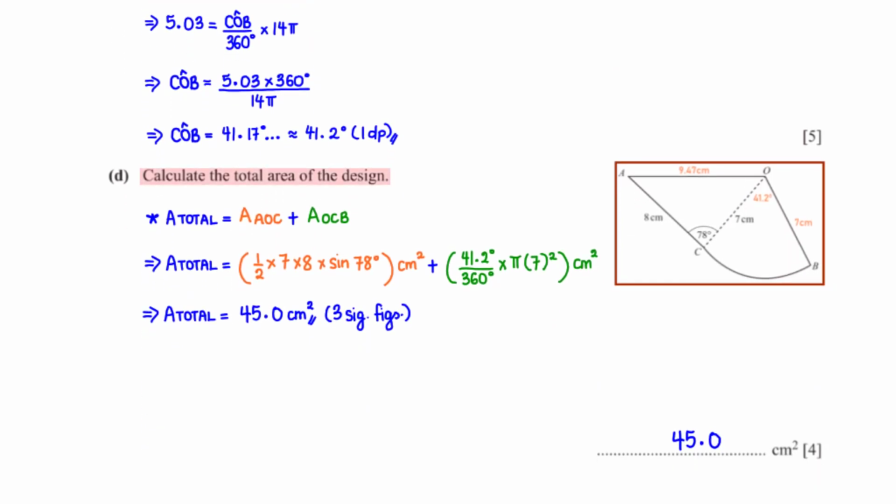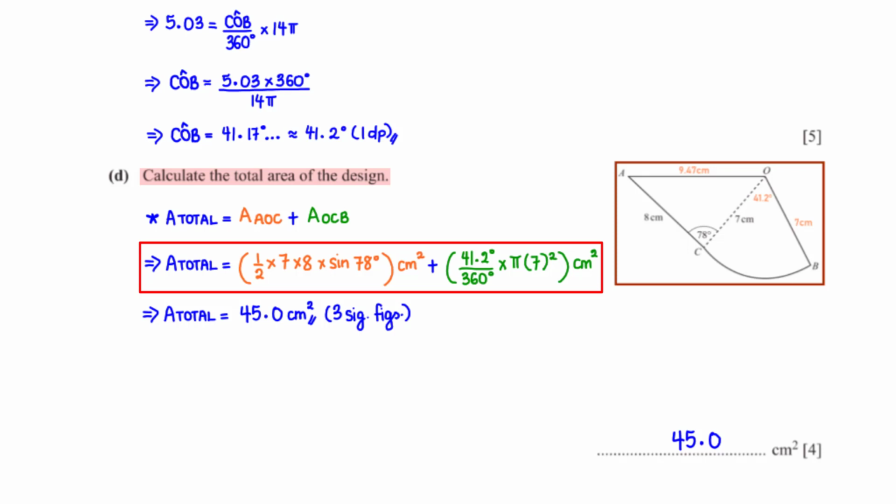Calculate the total area of the design. The total area of the design is equal to the area of triangle AOC plus the area of sector OCB. The area of triangle AOC can be found using the formula half ab sine C, where a and b in this case are 7 centimeters and 8 centimeters, and angle C is the angle between these two sides, which is 78 degrees.